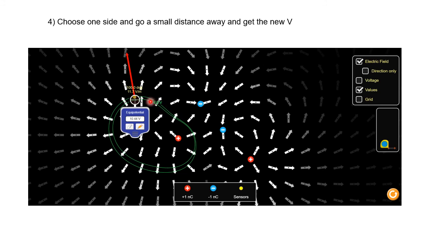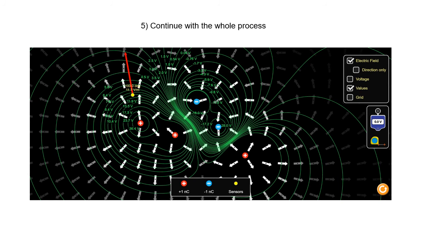It's always perpendicular to the electric field. And then you can keep on doing the same thing for the whole region of space. And by that way you can find the potential everywhere in this region. You can see here all these contours. This contour, the potential is minus 1.7 volts everywhere here. This contour, it's minus 0.76 volts, and so on. So once you know the electric field everywhere, you can get the potential everywhere.